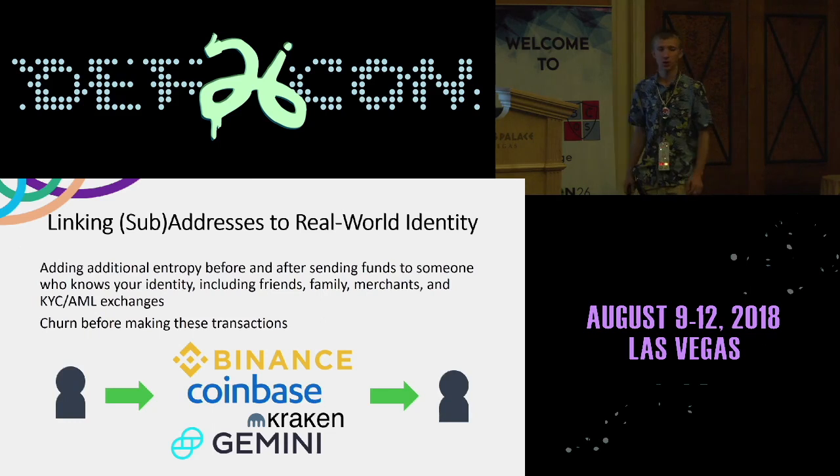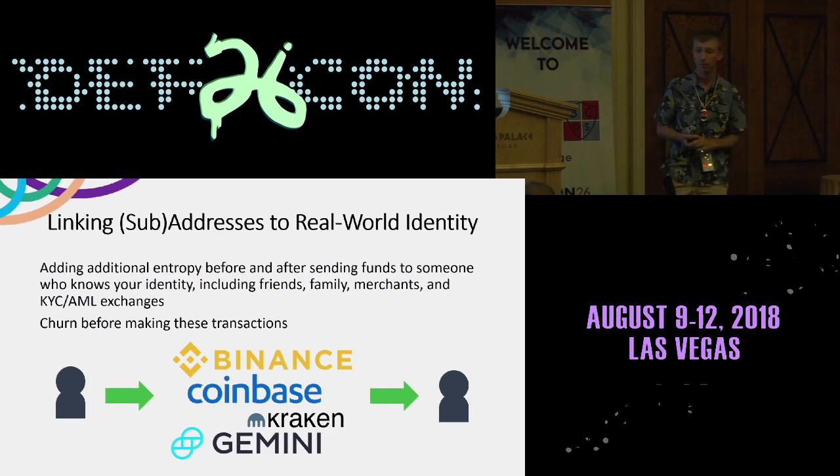In the second situation, you're linking subaddresses or addresses to a real-world identity. So suppose that in this case, you need to add additional entropy before you interact with anyone that knows your real-world identity. It's one thing for your online profiles to be linked, but if it's also linked to you individually, that's a large consideration that many people have.